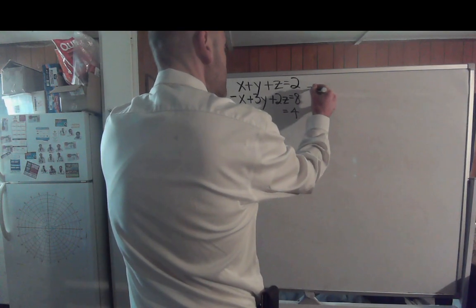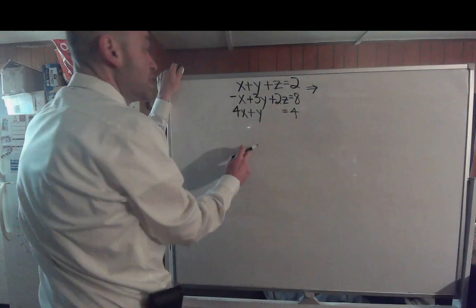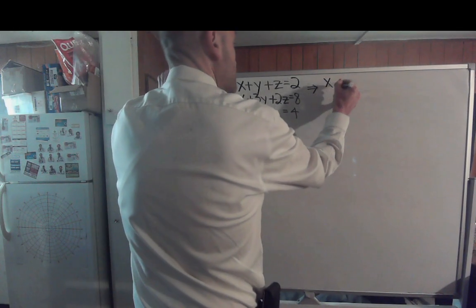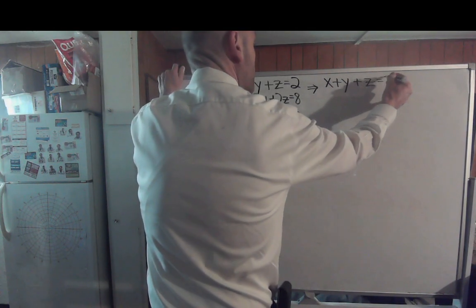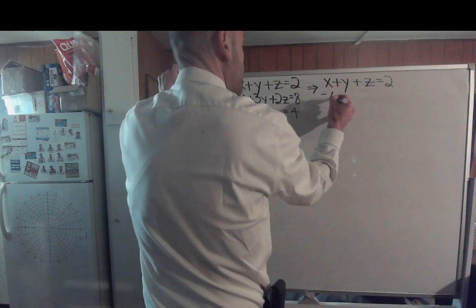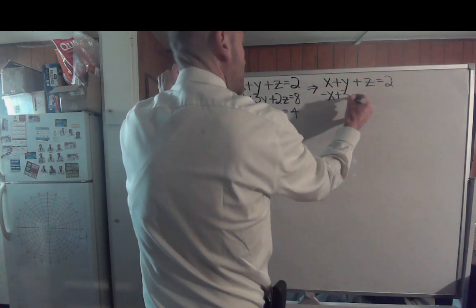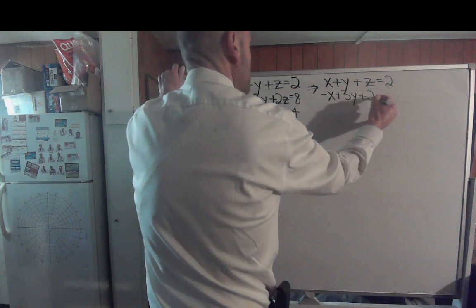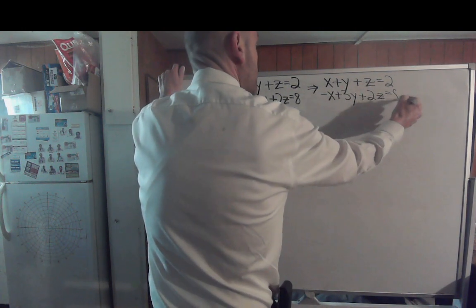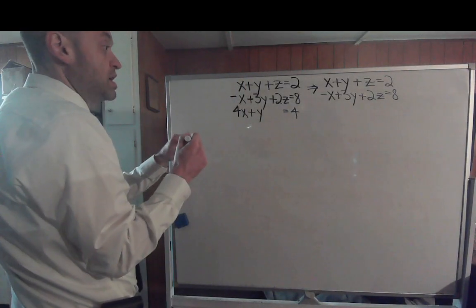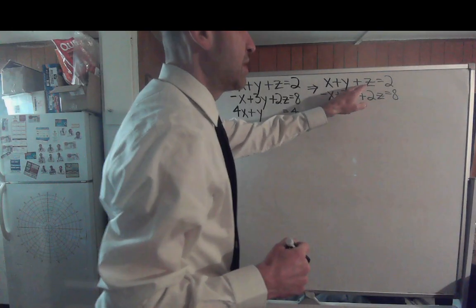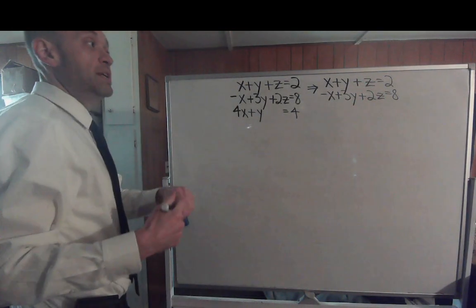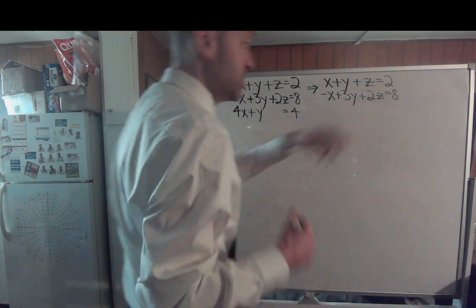You're going to end up with, let's just look at x plus y plus z equals 2, and then negative x plus 3y plus 2z equals 8. Just look at these first two. If we want to eliminate z, we can multiply the top equation by negative 2 and then just add the first equation to the second.